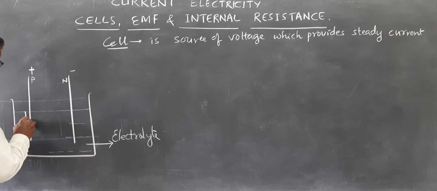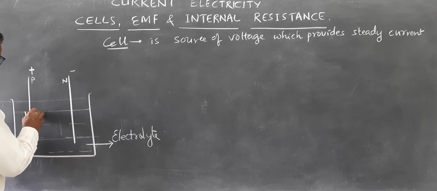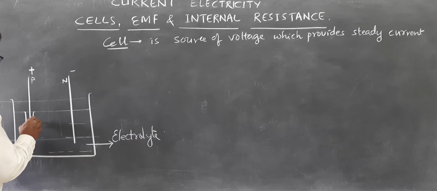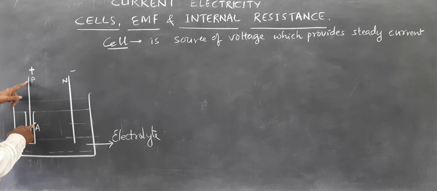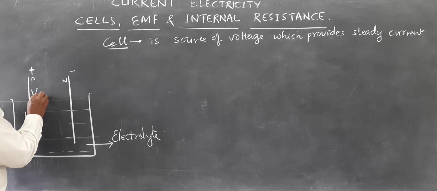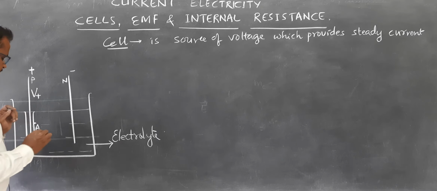Then what happens? Suppose you are considering an intermediate point. Suppose this is a point A. With respect to this point A in the electrolyte, the positive electrode has positive potential V plus.